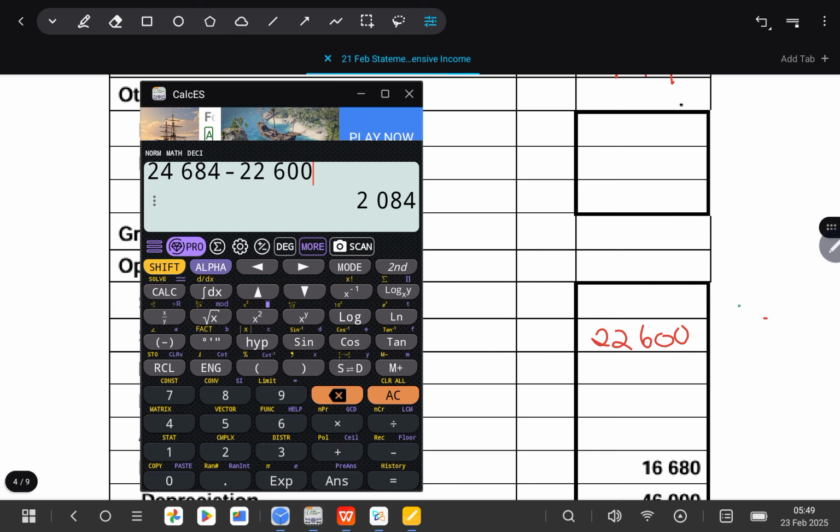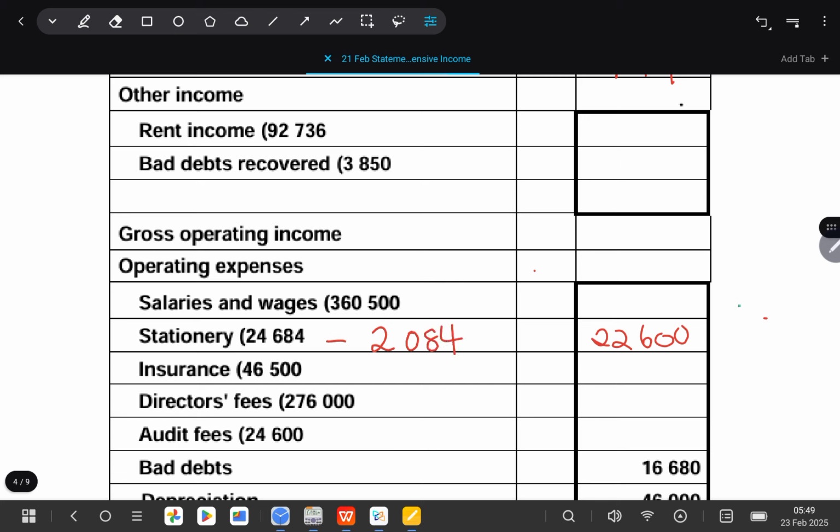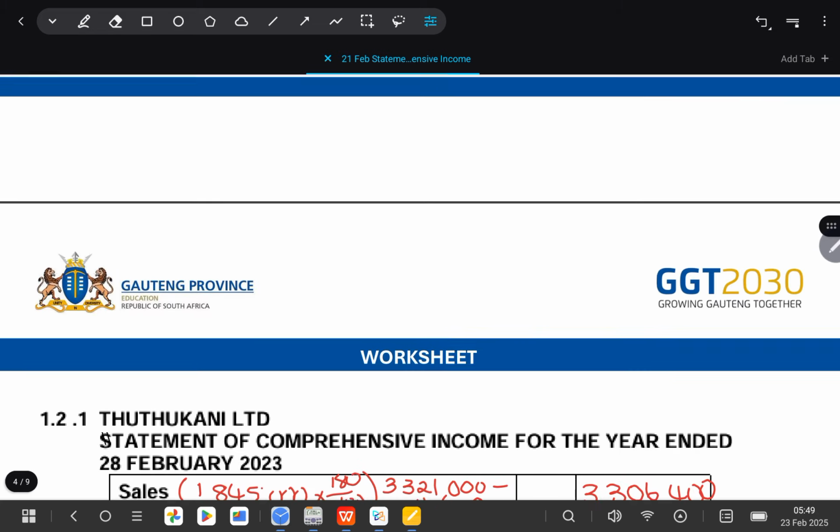So the answer that we get is 2,084. So normally they will give you this one, you look for this one. So please make sure that you check what you are given. Let's go to the next adjustment.